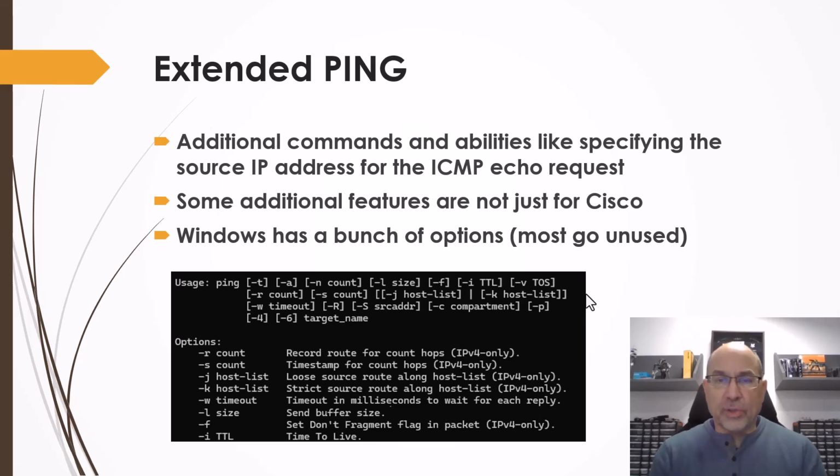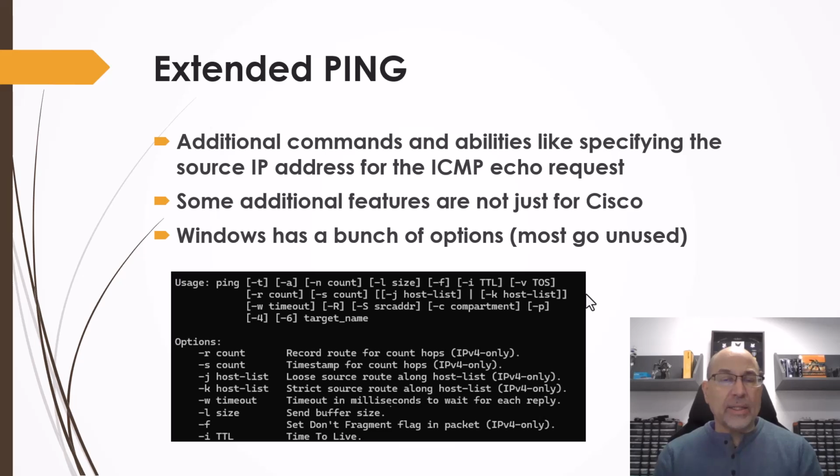Now, the book also talks about extended or advanced ping, additional commands and abilities like specifying the source IP address for the ICMP echo. Now, we'll do a demo of this and we'll see the impact of it. But basically, it comes down to this. If a router is trying to respond, or if you ping from a router, it's going to pick the interface that's on that direction.